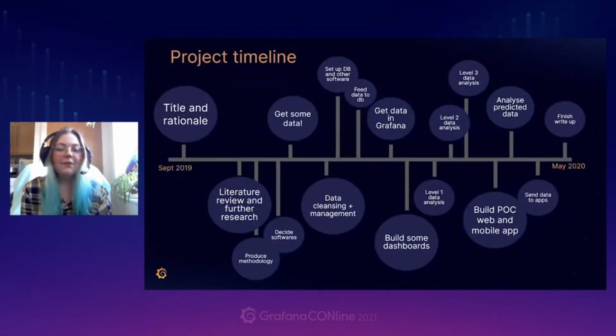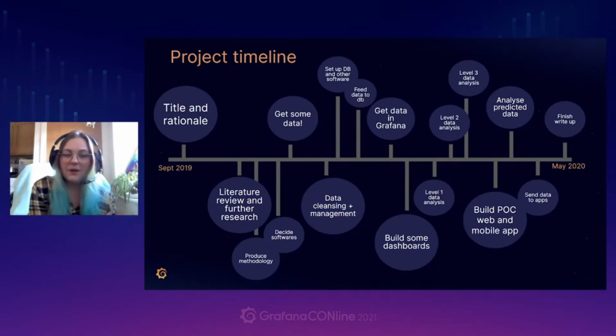This is a project timeline that sort of summarizes how that year went. Like I say, we started with the rationale and the title, moving through to literature review and further research, which produced an in-depth methodology where the decisions to what software were going to be used were made.